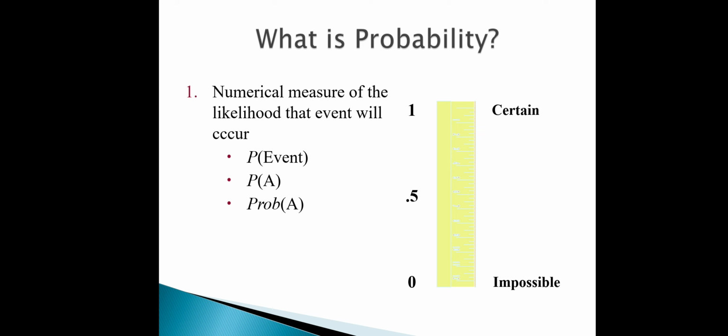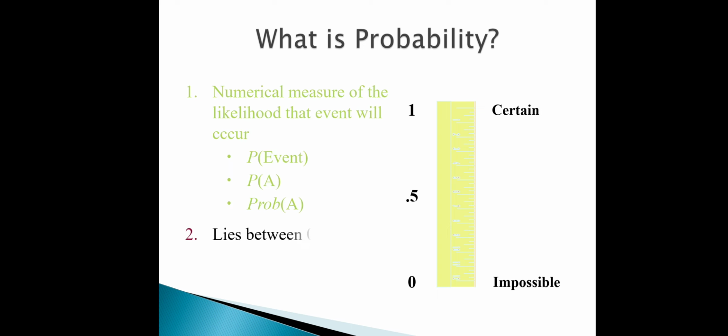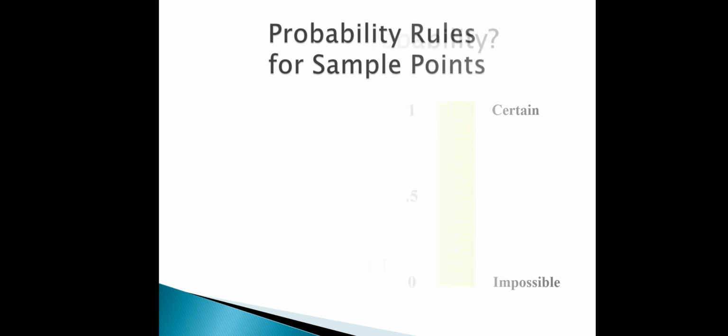Then probabilities. What is probability? It is a numerical measure of the likelihood that an event will occur, that is P of event, P(A), probability of A. It lies between 0 and 1: a probability of 1, 0.5 and 0 means certain, even chance and impossible. The sum of the sample point probabilities is 1.